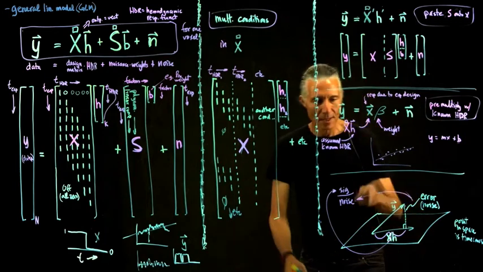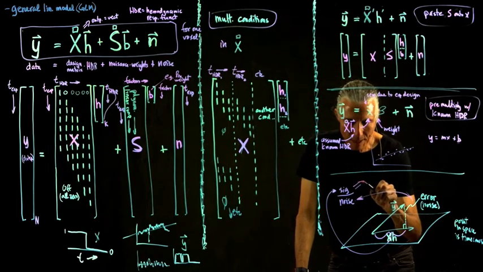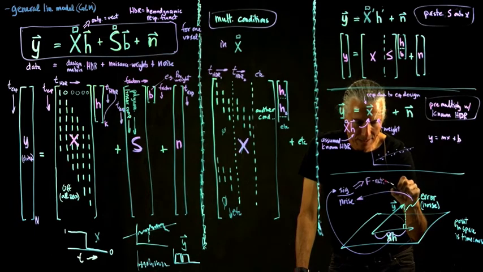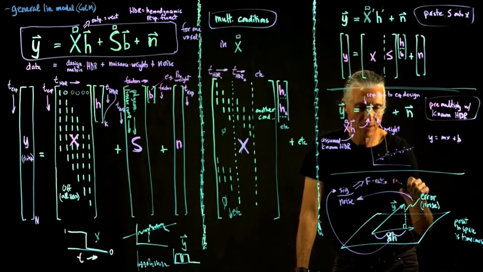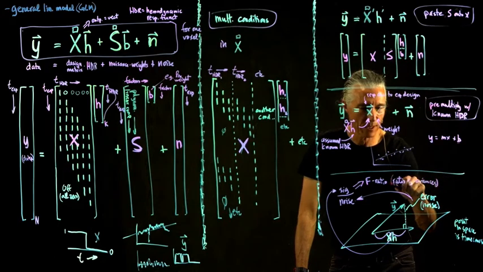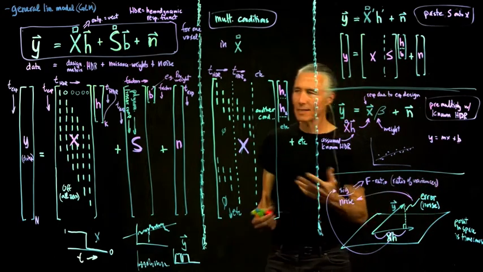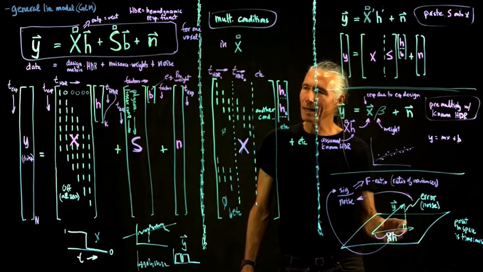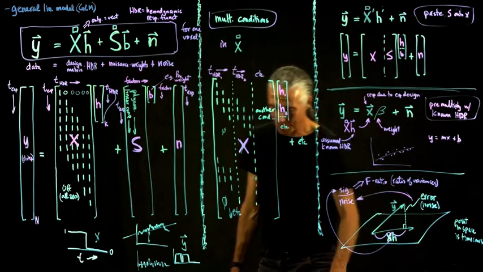And so this would typically be something like an F ratio, which is a ratio of variances. But you can think of the F ratio as basically signal to noise. The signal is how much we explained, and the noise is the part we couldn't explain, and what's the ratio between them.